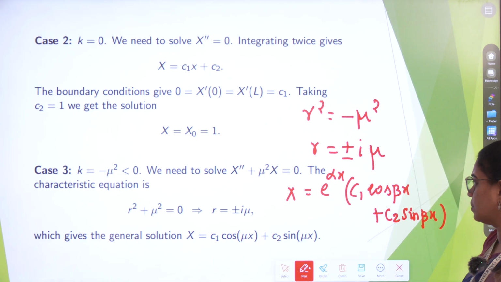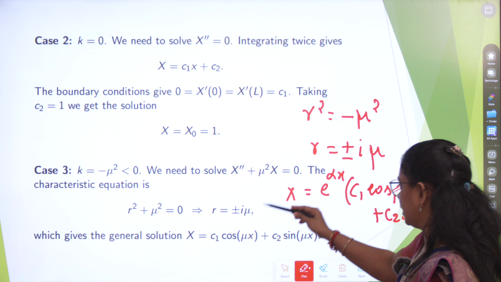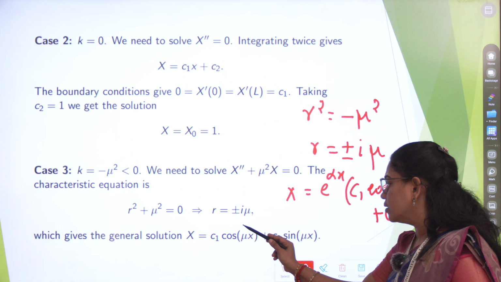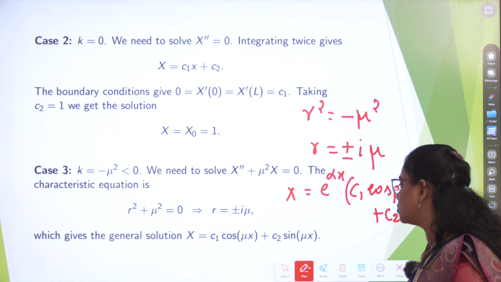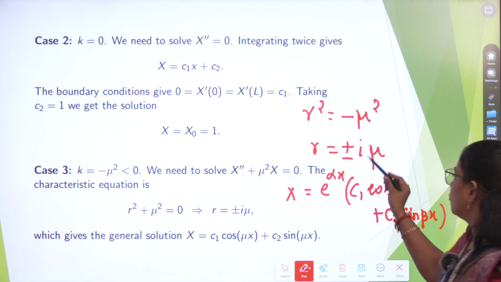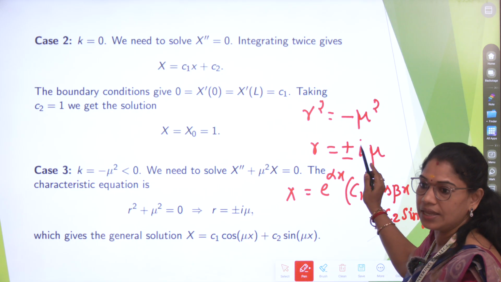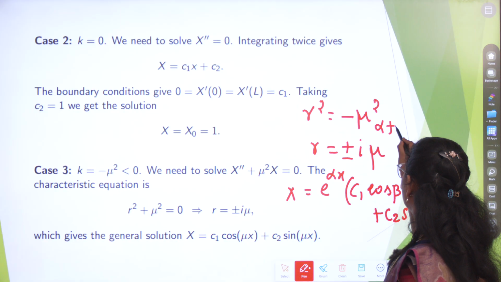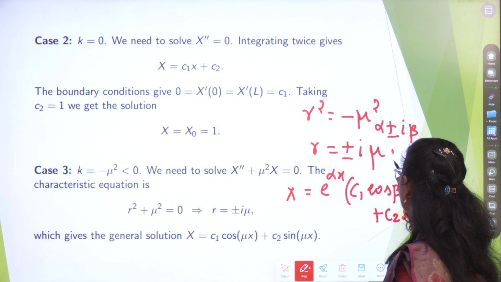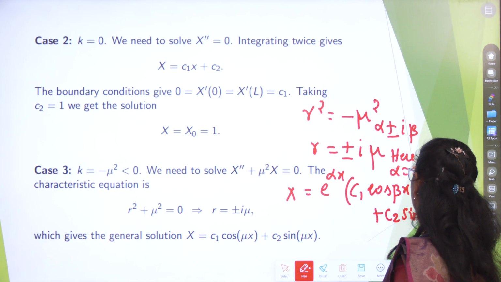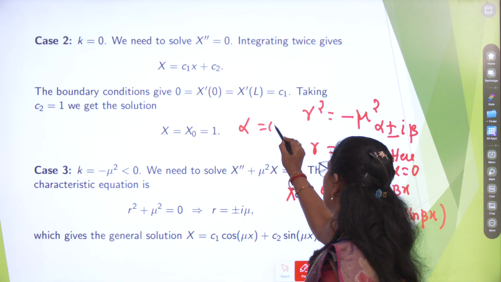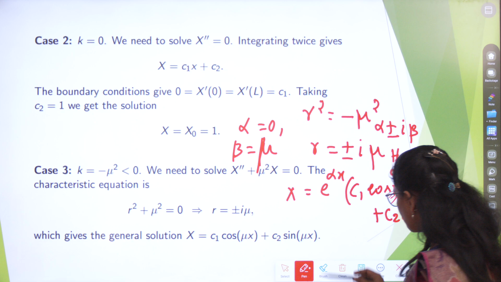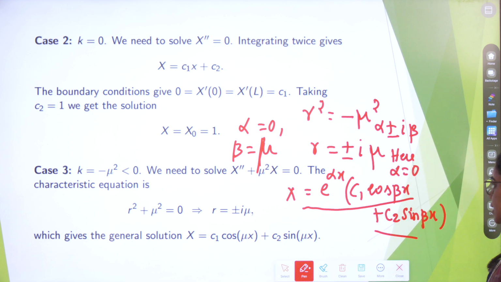Here we take the general solution x equal to c1 cos mu x plus c2 sin mu x, because for a purely imaginary root, alpha plus or minus i beta, alpha equals 0 and beta equals mu. So apply this general solution.